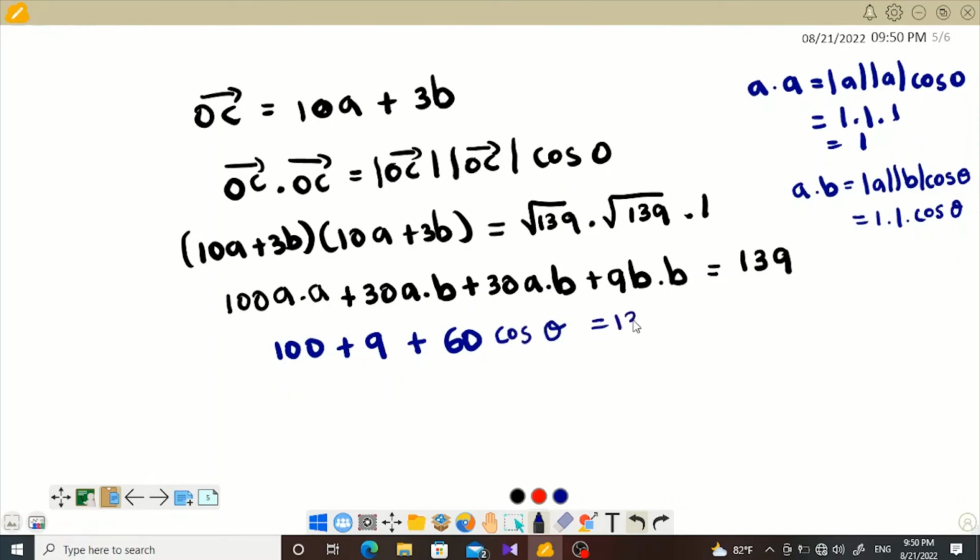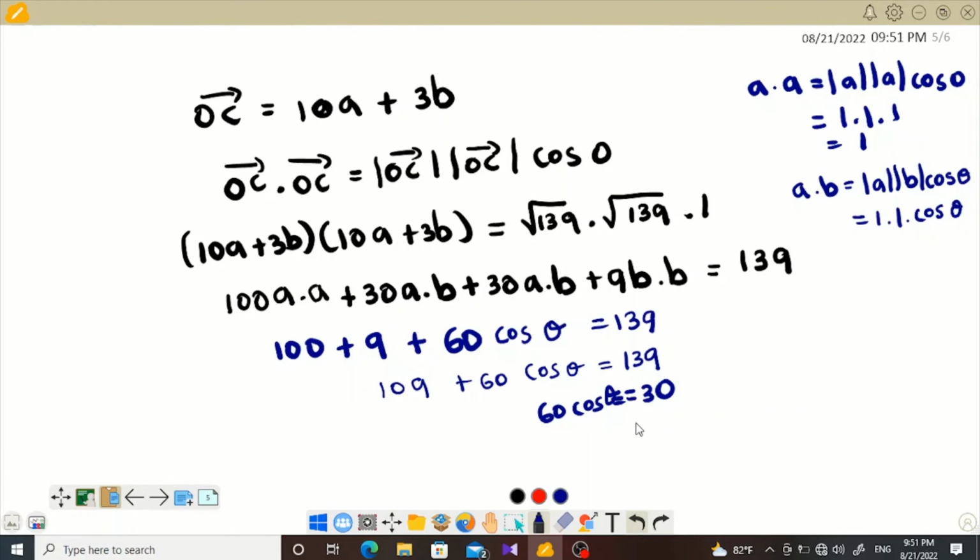Equals 139. So here I get 109 plus 60 cos theta equals 139. So I can subtract 109 from 139, which gives me 30. 30 equals 60 cos theta.